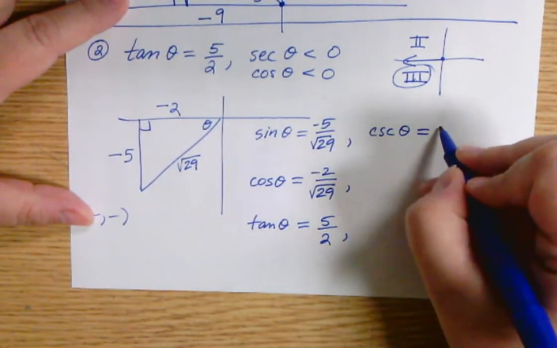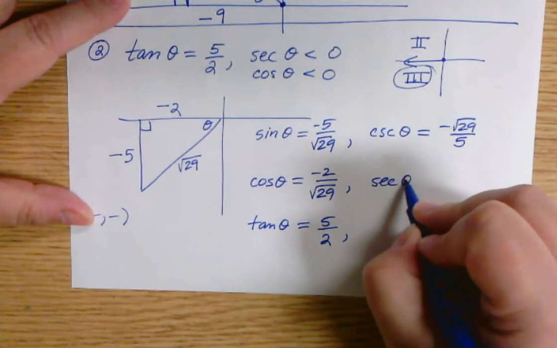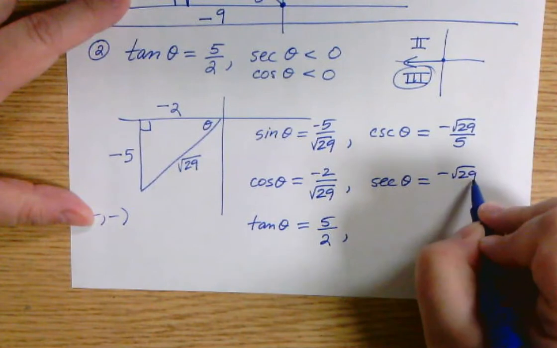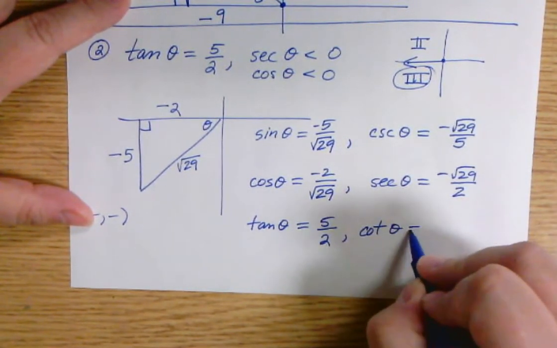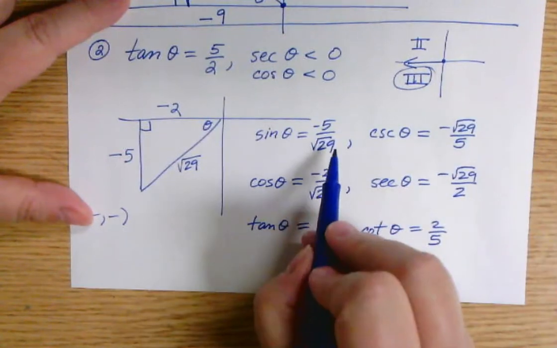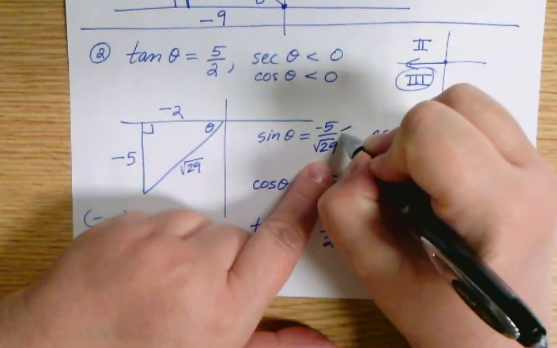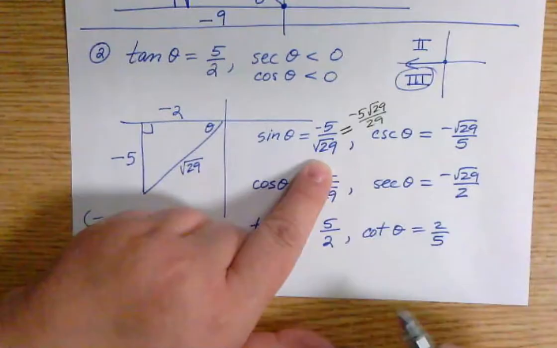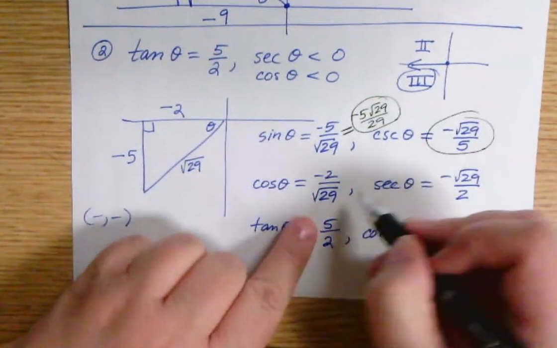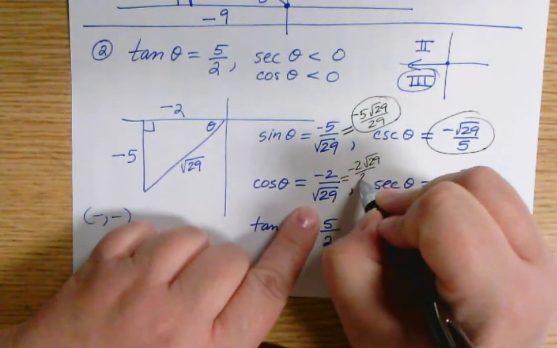Cosecant is negative root 29 over 5. Secant is negative root 29 over 2. And cotangent is 2/5. The reason I shouldn't have put my comma there is because I need to rationalize this. So this is that. And this would be that.